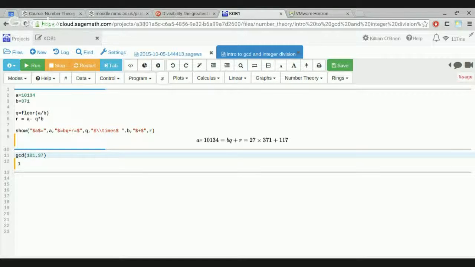When you take the floor of the actual fraction a divided by b, that gives you the quotient q, and then the remainder term is simply the remainder. When you take q times b away from a, you'll be left with this small remainder term, which the computer is printing up there.